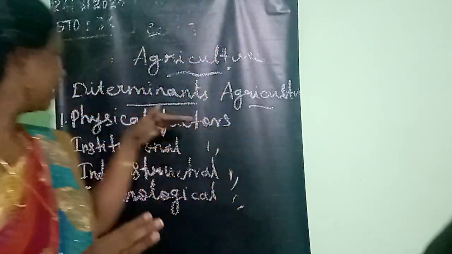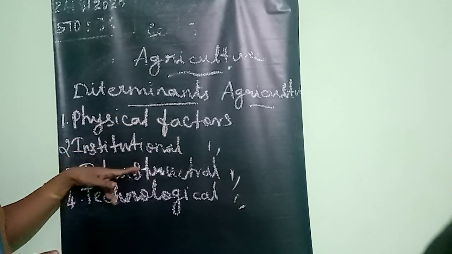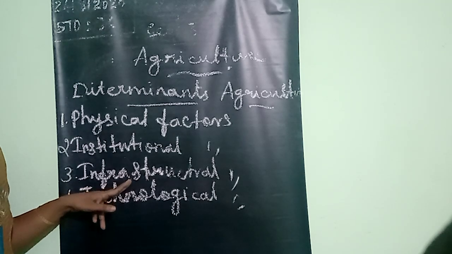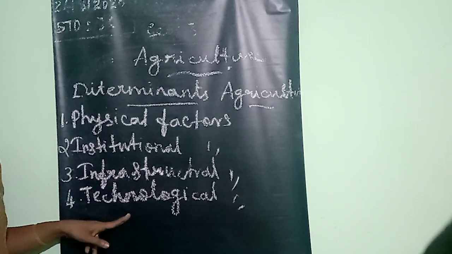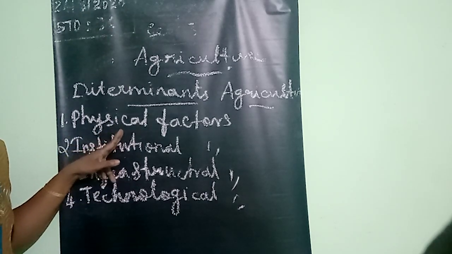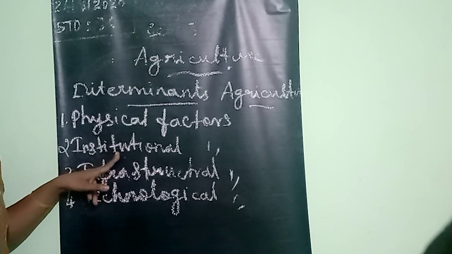These are the four factors determining agriculture. What are the four factors determining agriculture? The first one is physical factors, second one is institutional factors, third one is infrastructural factors, fourth one is technological factors. Physical factors means relief, climate, soil. Institutional factors are farm holding, land tenure and land reforms.